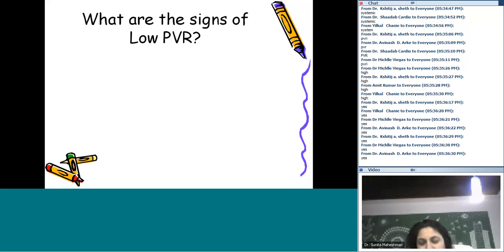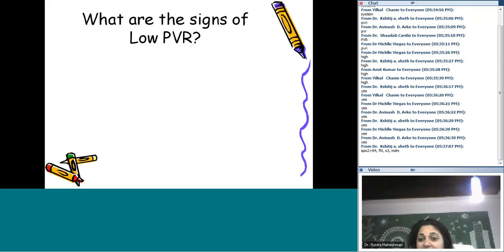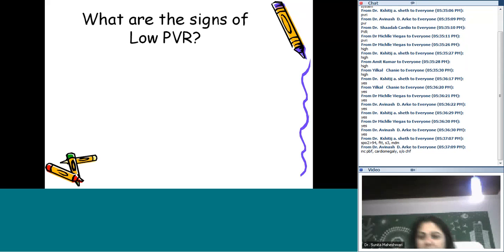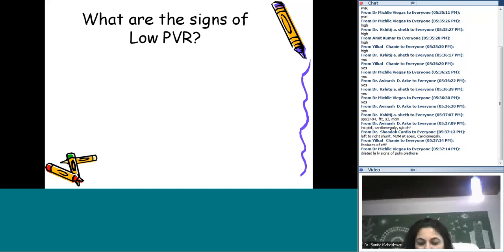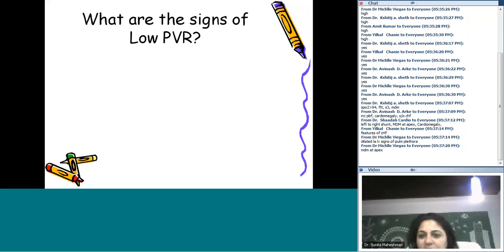I'm not saying symptoms, I'm saying signs, okay? Okay, so fat more than 94, failure to thrive, S3, MDM, increased pulmonary blood flow, cardiomegaly, features of heart failure, plus loud P2, MDM. Okay.